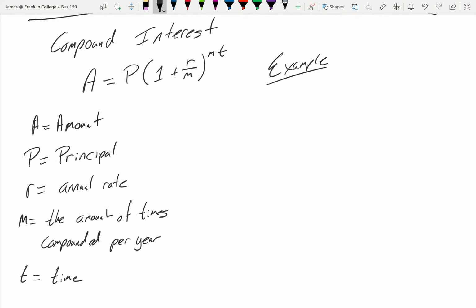Where let's say that we are going to invest $5,000 into an account that has an annual rate of return of 9%. And we are saying that it's going to compound monthly.